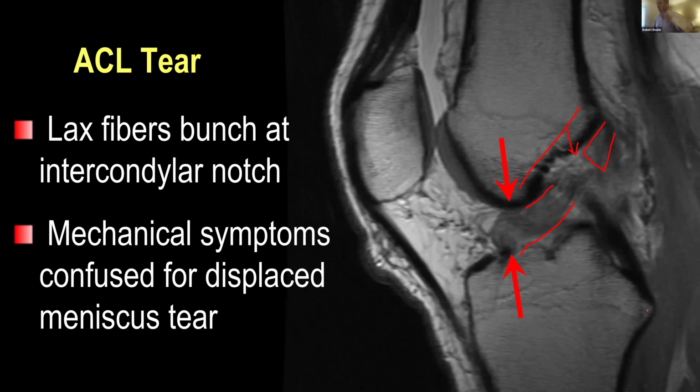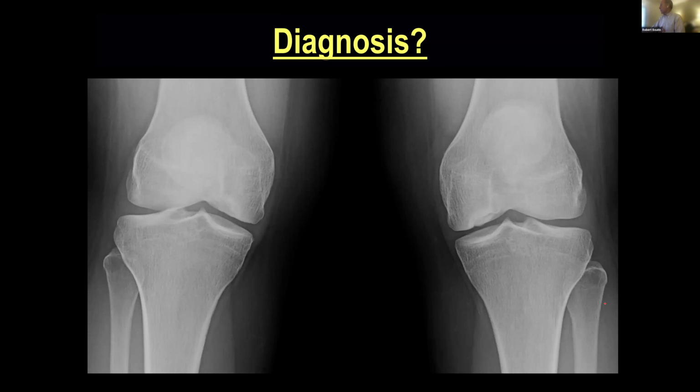And it's these patients who will not only have mechanical symptoms, but probably their ACLs will not heal back, will not scar down because there's just too much of a gap to make up. Sometimes people have non-displaced ACL tears that will scar down with variable degrees of residual laxity or stability.